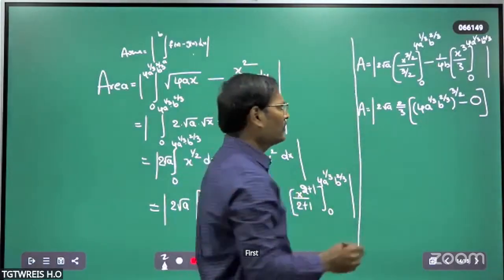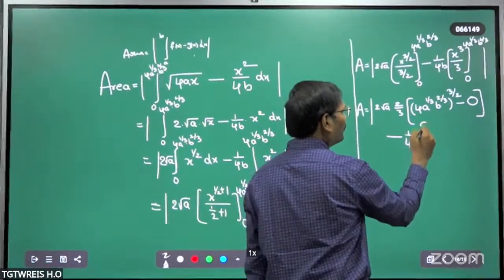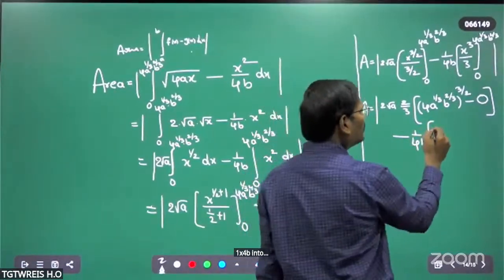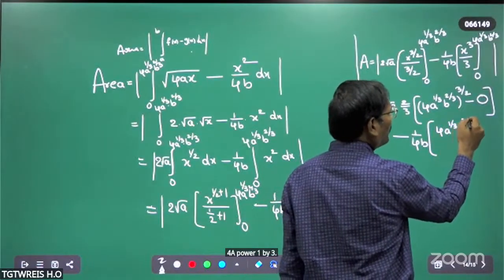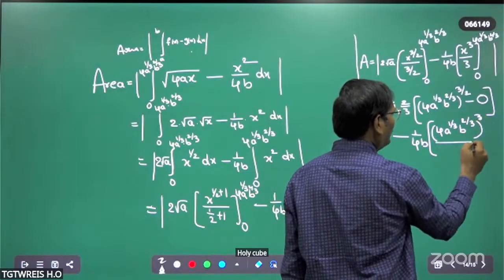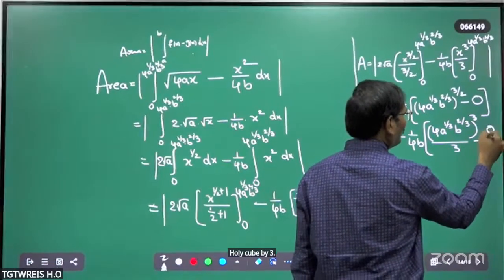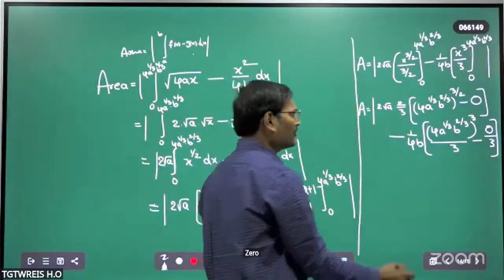The first part is over. Minus 1 by 4b into x cube, (4a^(1/3) b^(2/3)) whole cube by 3 minus 0 by 3. 0 by 3 means 0 only. Modulus.